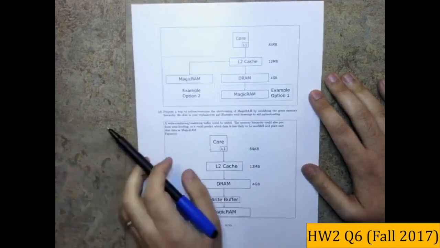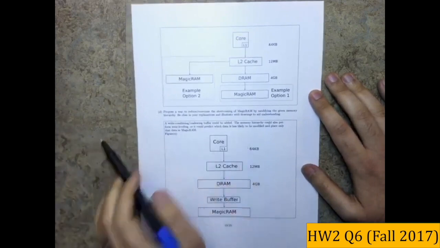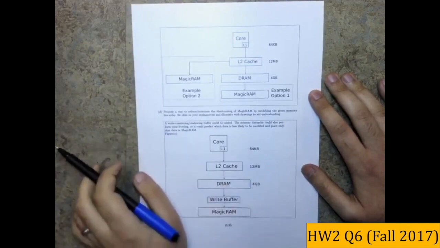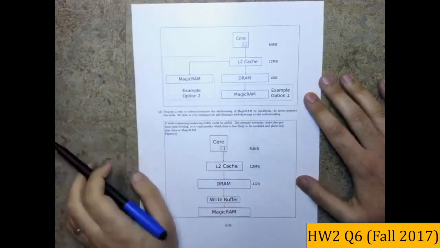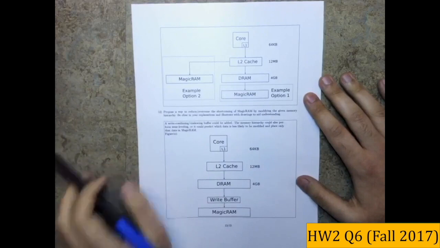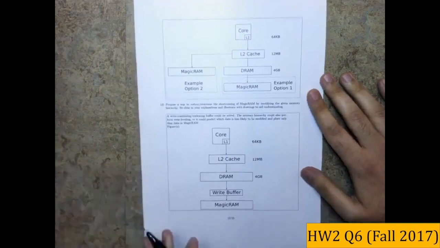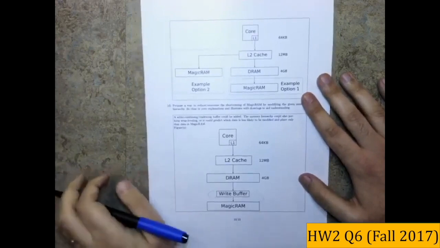And what can we do for reducing the overheads or mitigating that endurance problem? If we use DRAM as a cache for MagicRAM, DRAM filters some write accesses to MagicRAM, and it's good. But what we can do more is adding a write buffer between DRAM and MagicRAM.